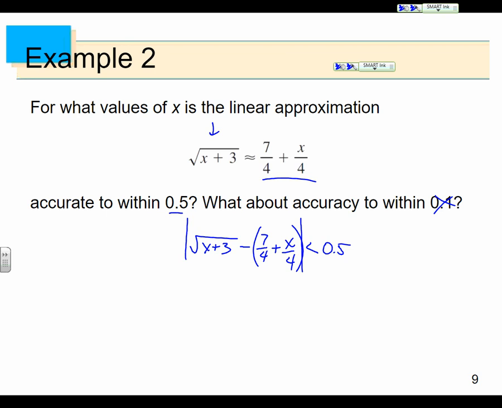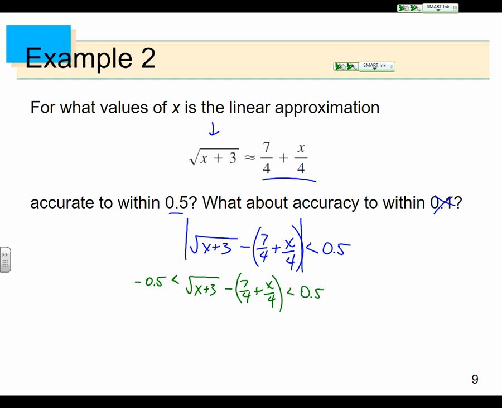So to get rid of the absolute value, I'm going to do negative 0.5 is strictly less than the square root of x plus 3 minus 7/4 plus x over 4, which is less than 0.5.